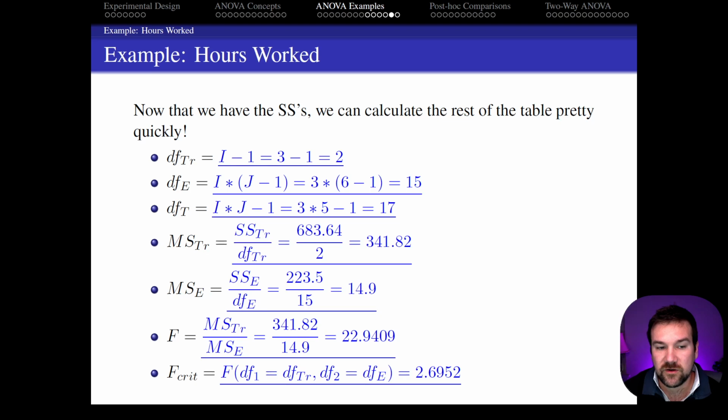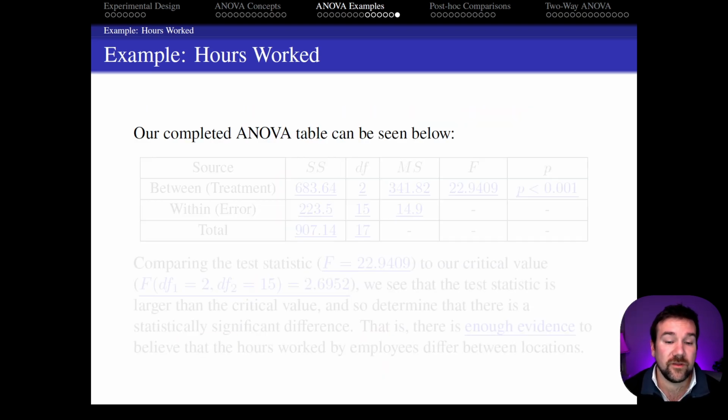The second degrees of freedom are going to be from the error, 15. And because the F statistic is always going to be the mean squares treatment over the mean squared error, the F critical value, and when we calculate the p-value for the F distribution, is always going to have the degrees of freedom 1 be from the treatment and the degrees of freedom 2 be from the error always, for the ANOVA analysis.